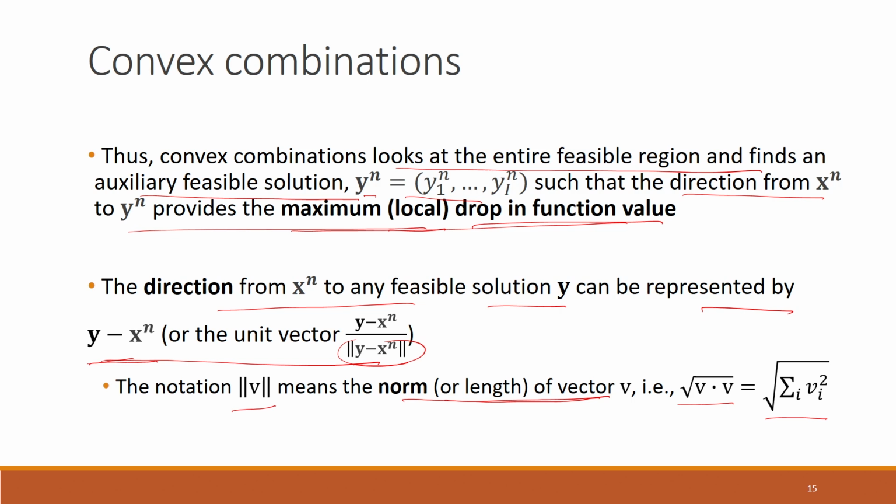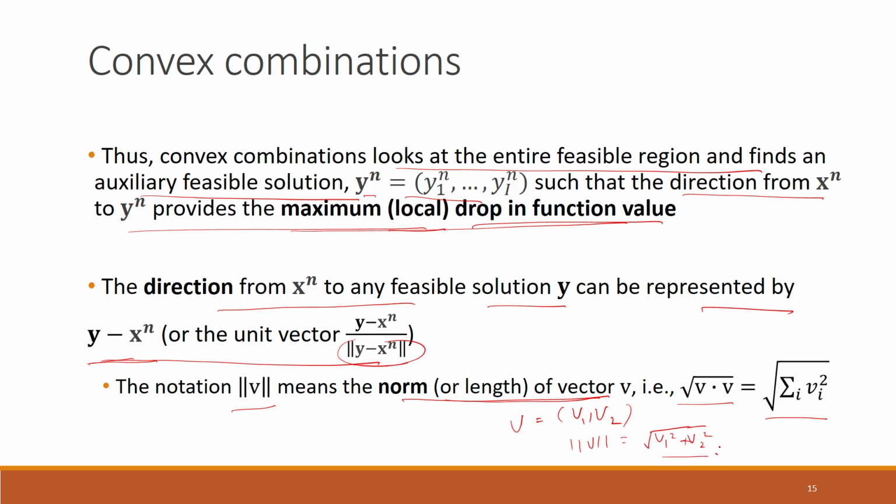For example, if v has two parts, v1 comma v2, then the norm of this vector v will be the square root of v1 square plus v2 square.